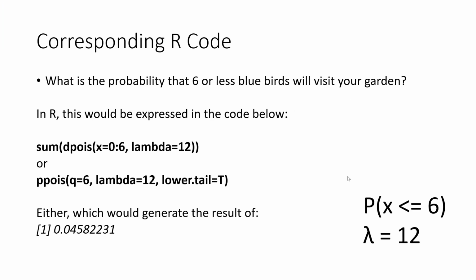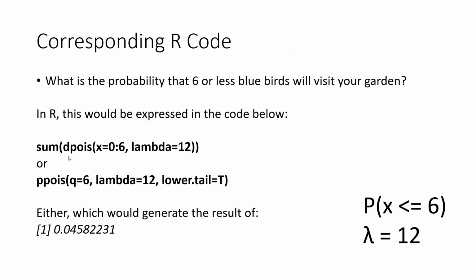So let's take a different approach to this. Same scenario, but we're interested in the probability that 6 or less birds will visit your garden. So exactly 6 or 5 or 4 or 3 or 2 or 1 bird will visit the garden. There's two ways that you could approach this.